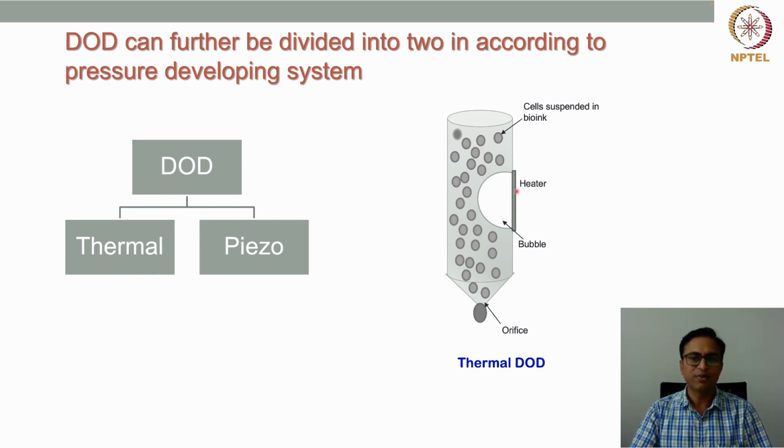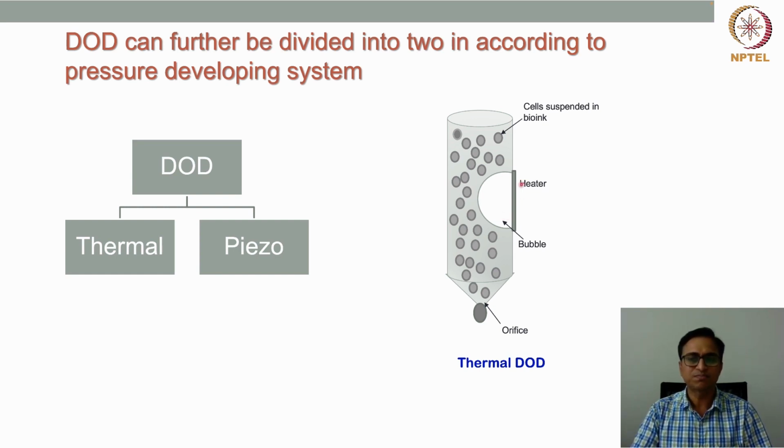Now, whenever this heater is heated up, what happens? A bubble will be produced, because the heater is heating up the liquid material that is present within the nozzle, right? So the bubble will be produced, that will increase the volume, and it will then burst.